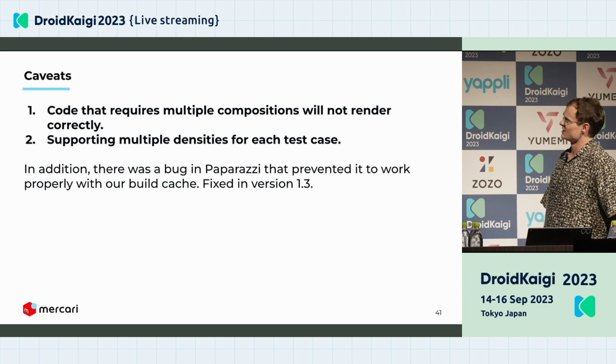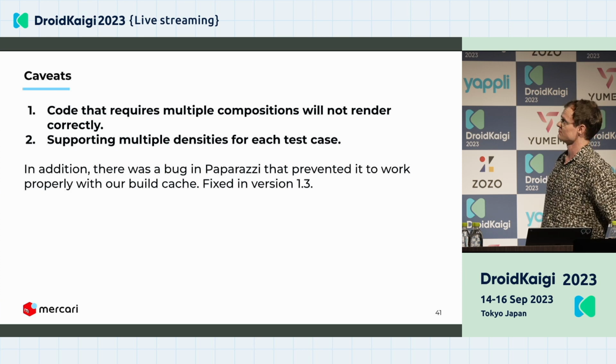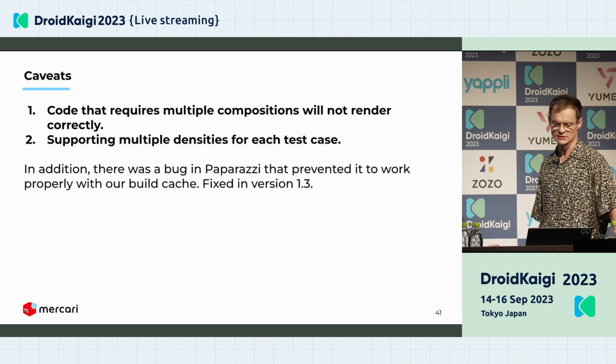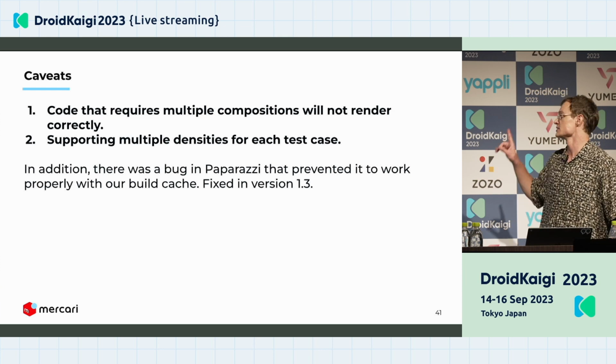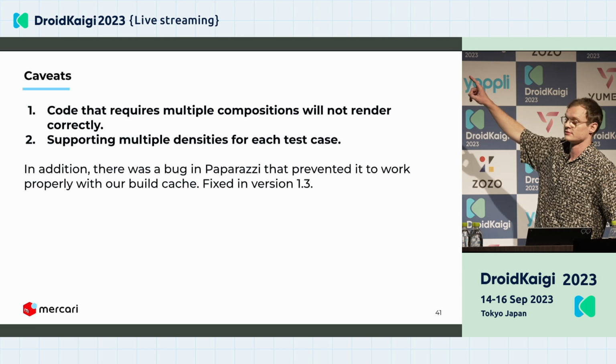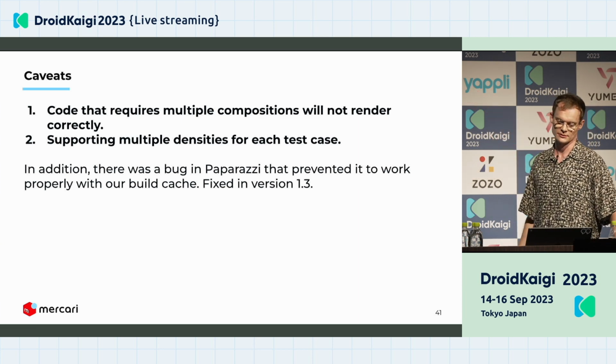Given that, we had to disable the build cache on our CI/CD pipeline, which is pretty bad because essentially that meant we cannot scale it to many modules. Luckily though, this was fixed in the latest version. So if you adopt this, make sure you use some version from 1.3 or above.